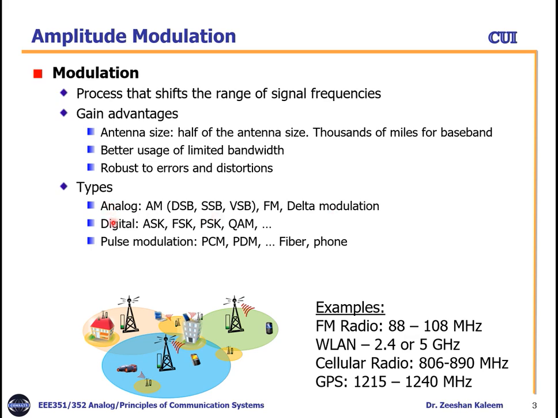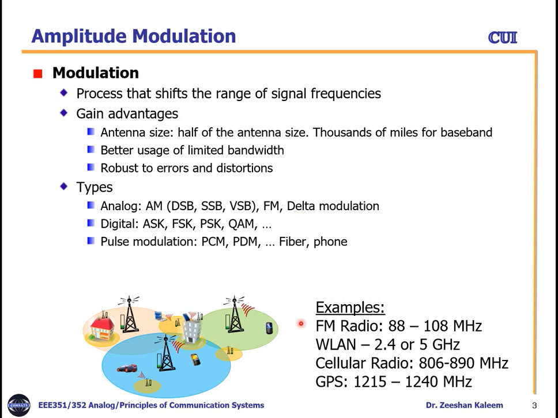For digital modulation, there are amplitude shift keying, frequency shift keying, and so on. The final one is pulse modulation, such as pulse code modulation. In this course, our major contents will be related to analog modulation, so we will try to discuss these topics completely.